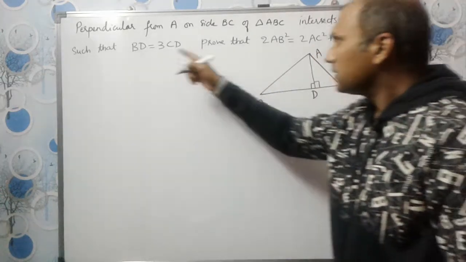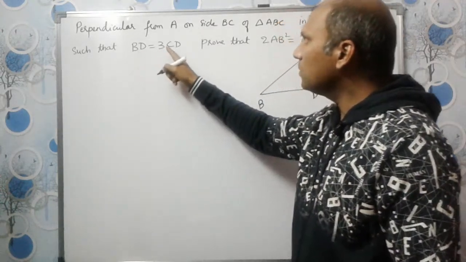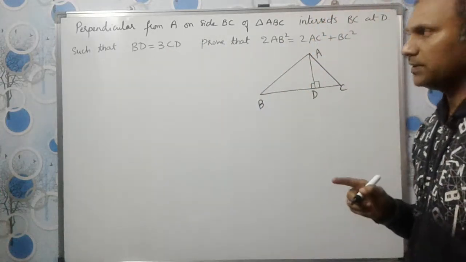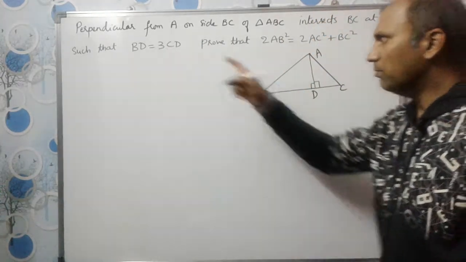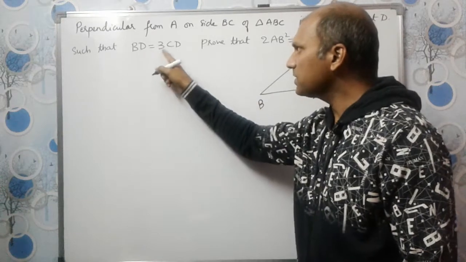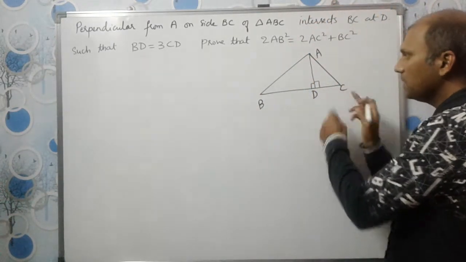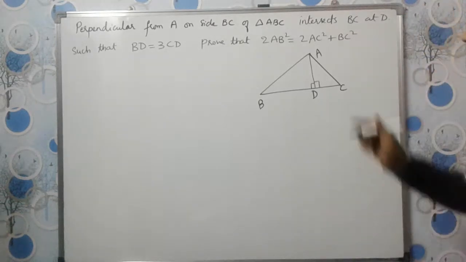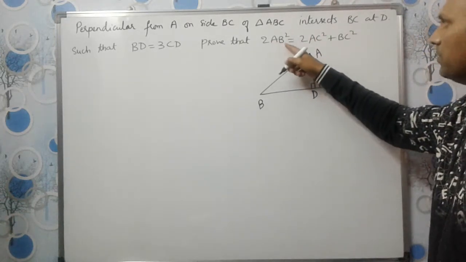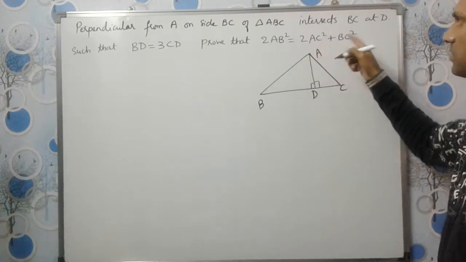Such that BD is equal to 3 times CD. So this BD is 3 times CD, given, and we need to prove 2AB square is equal to 2AC square plus BC square.